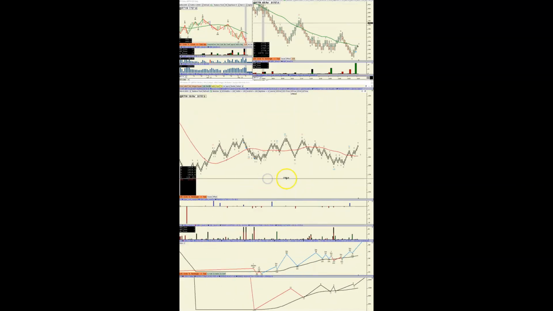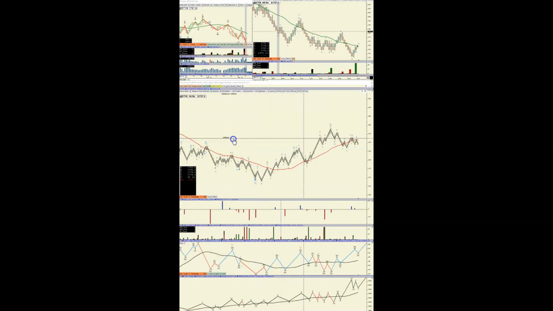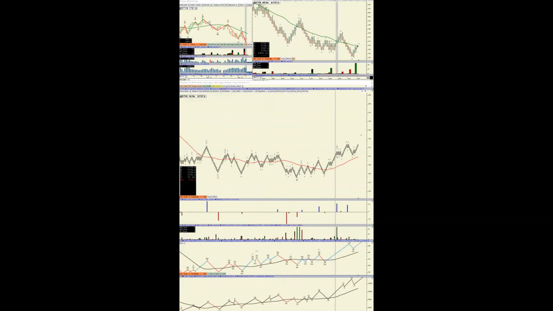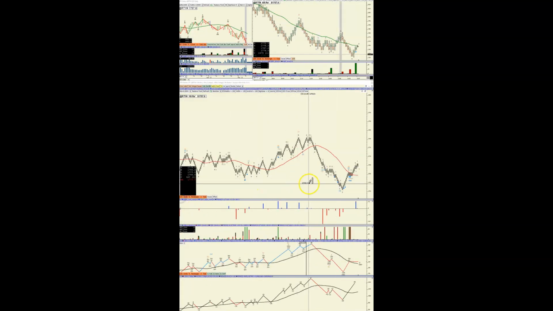Anyway, let's go to more current action. We'll start with the end of the day. Break the trends.